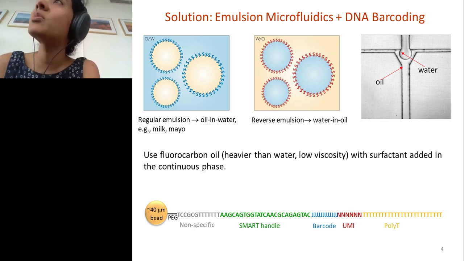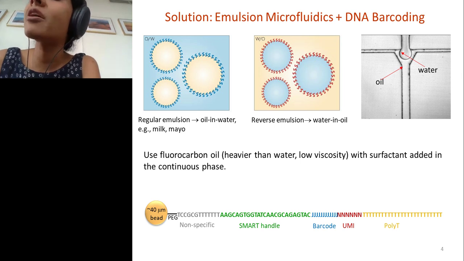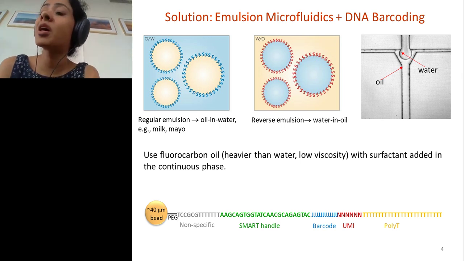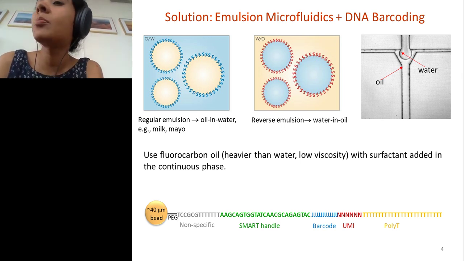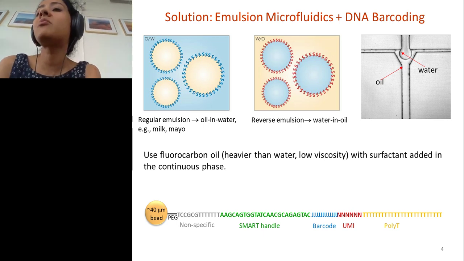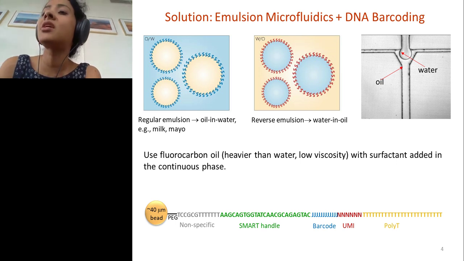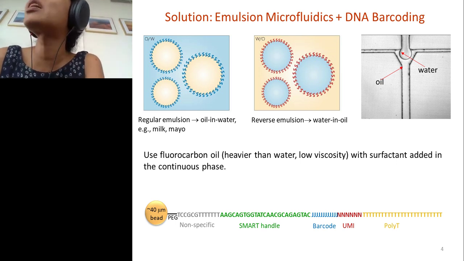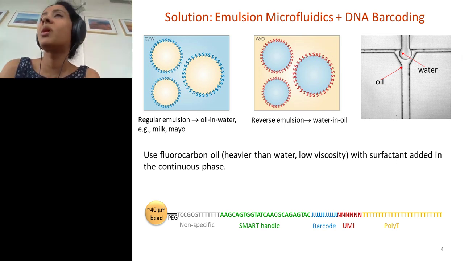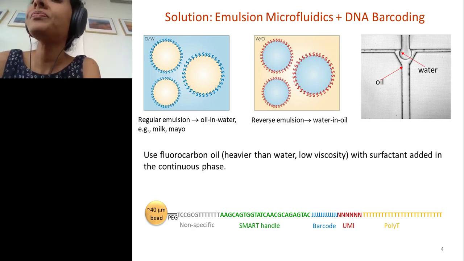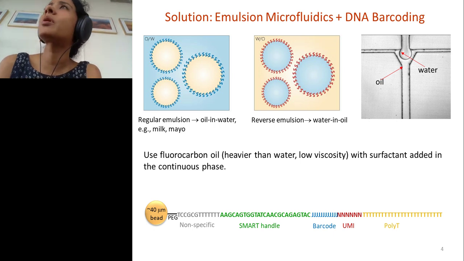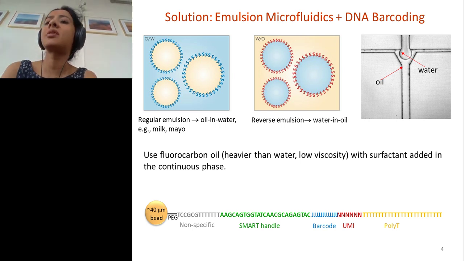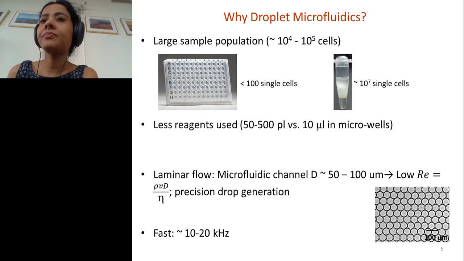We have many such beads. Each bead is going to have a unique cellular barcode. That's the part in blue. And each one of them is going to have a high complexity of UMIs, about 500 million of such UMIs, roughly speaking. That is going to allow us to capture all the RNA that's present in mammalian cells.